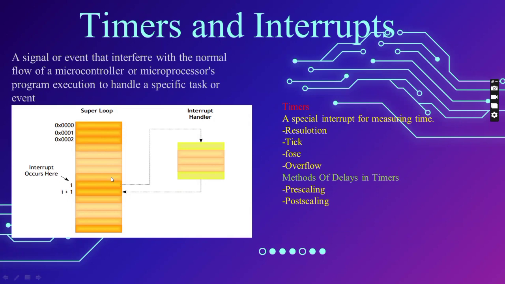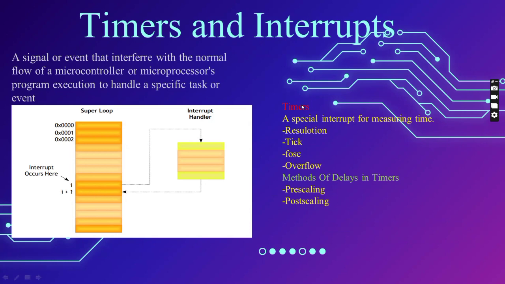Then the control gets out from the instruction and goes to the interrupt handler. The instructions in the interrupt handler are executed. After it is finished, it returns back and continues from where it stopped. As you are seeing in the picture, it continued from I+1, that is the position of the next instruction that follows.